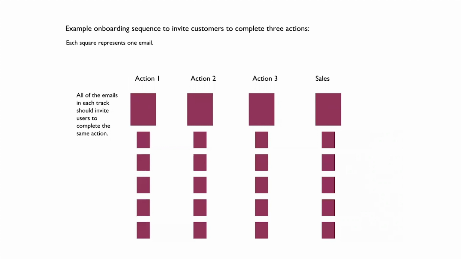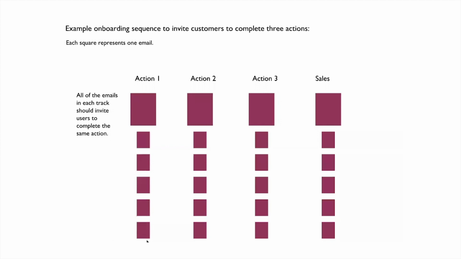So the first action could be that they need to start a project. The second action could be that they need to track their time. And the third action could be that they need to create and send an invoice. For example, this is pulled out of thin air. It's completely fiction. You absolutely want to base it off of your own research.